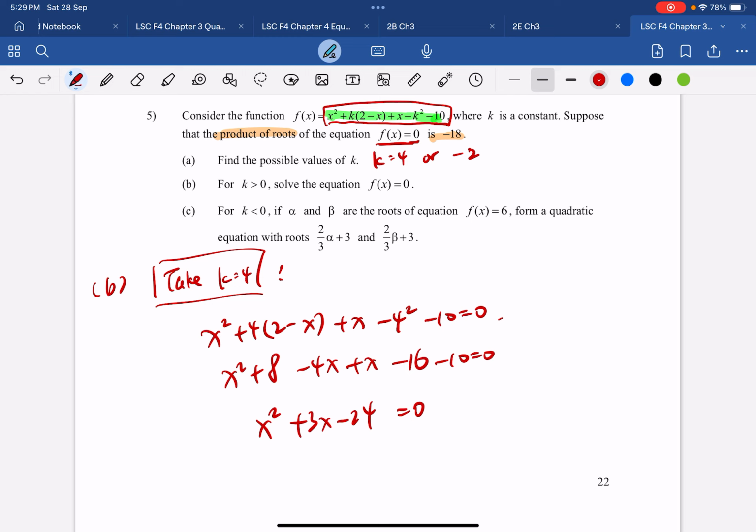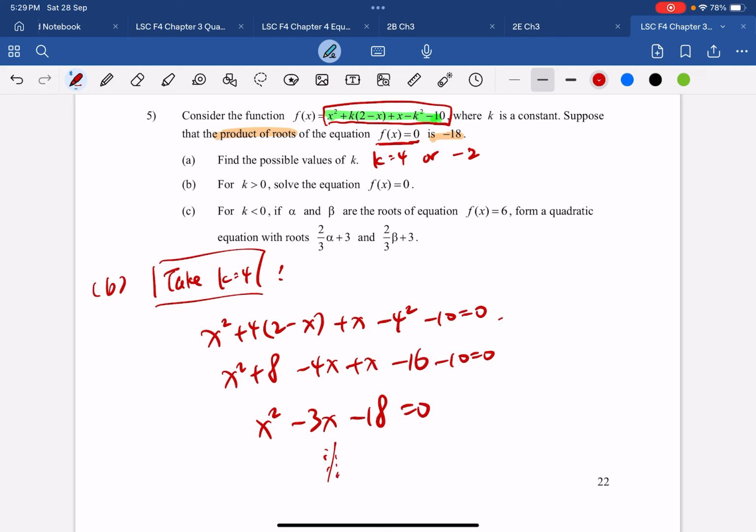Oh, sorry, did I make something wrong? Let me see. Oh, sorry. I made some calculation mistake. It should be negative 3x and then negative 18. Okay, so you can press the calculator program, okay? But I don't have the calculator with me at home now, so you should do it on your own, okay?